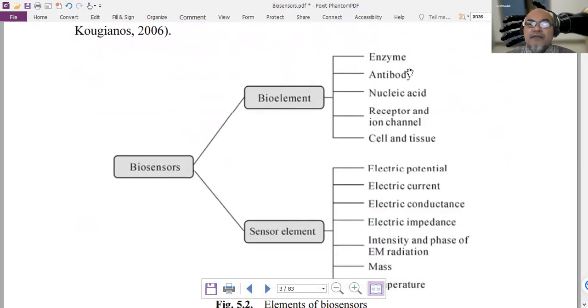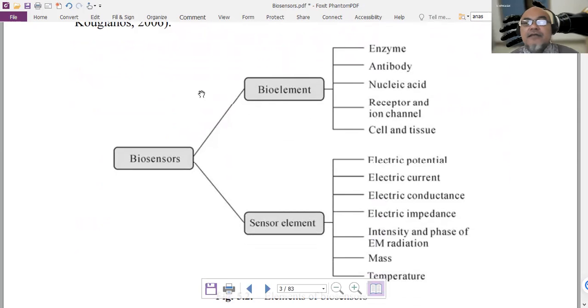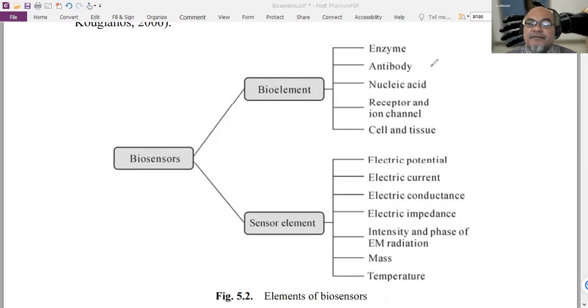The bioelement itself, as I have explained, could be an enzyme, which provides a catalytic reaction. It can be an antibody or nucleic acid, which will be an affinity sensor. It could be a receptor or ion channel itself, or cells and tissue. Now it is more than that. For example, we also have PNA. Anyone ever know? PNA is peptide nucleic acid.